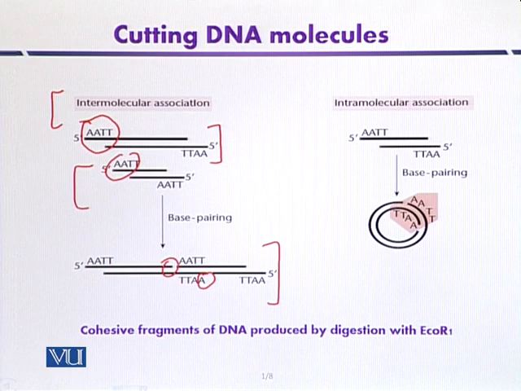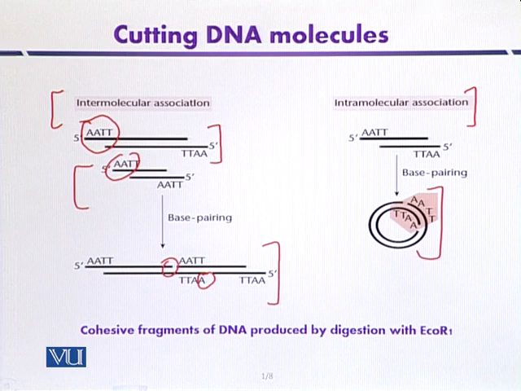Now, sometimes molecules can join after fragmentation by EcoRI. This is another example, intramolecular association. Suppose we have cut a DNA fragment, like the vector, with EcoRI. Two fragments may be there, and sometimes they can reassociate in the absence of foreign DNA.